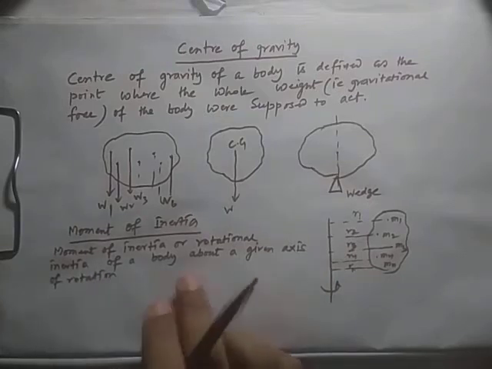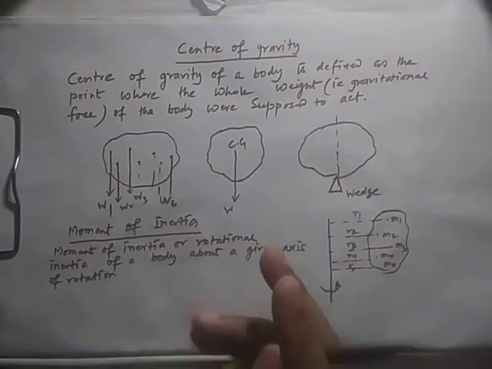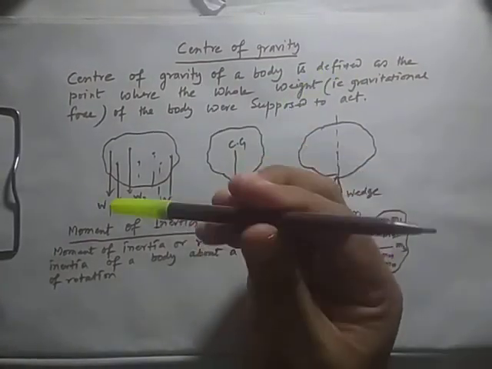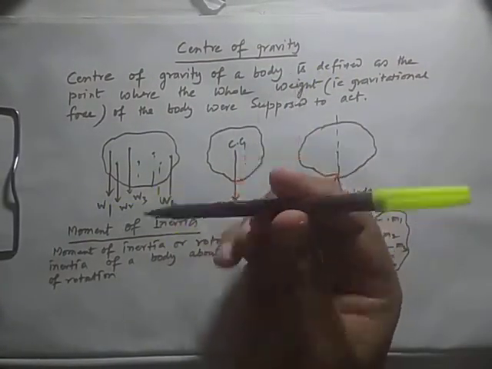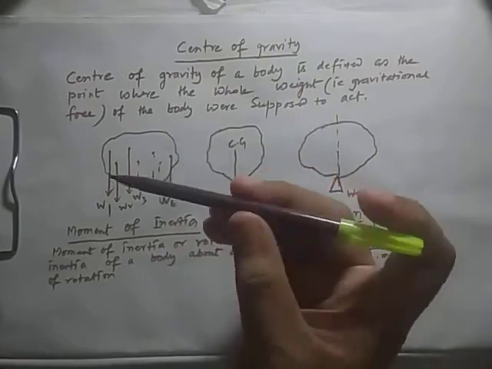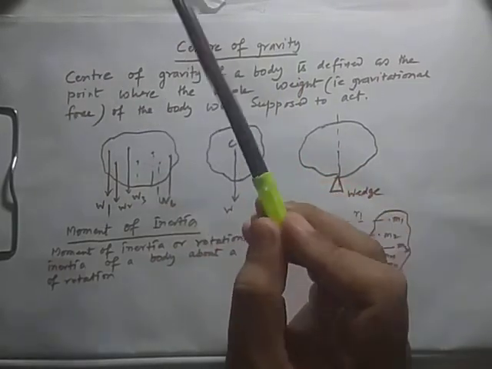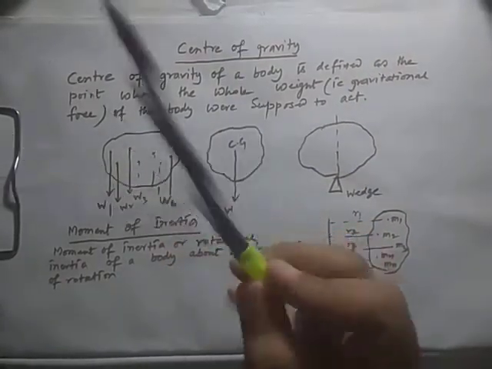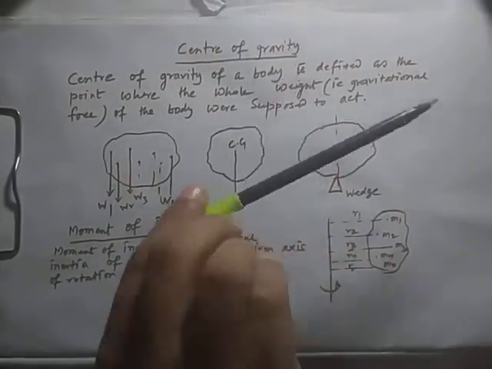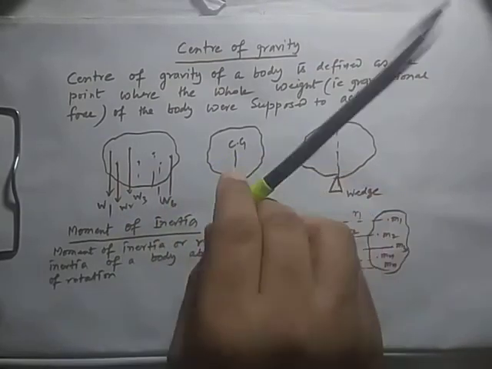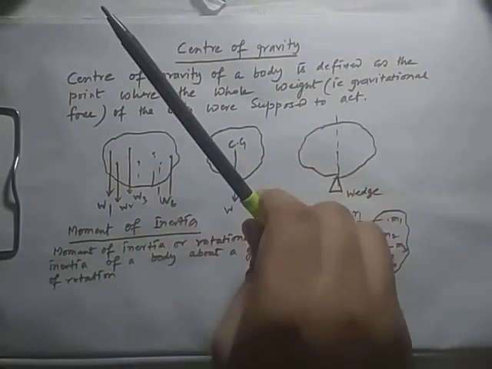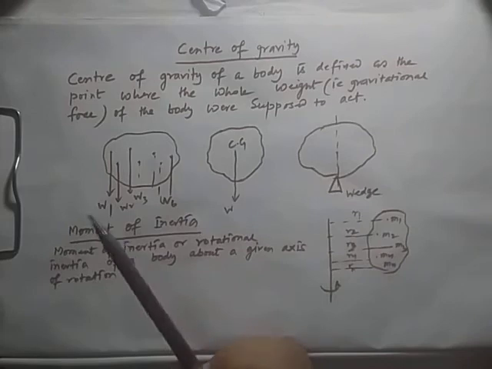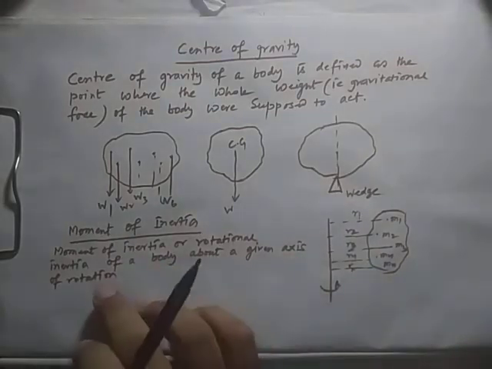This is also a very important line: given axis of rotation. Suppose I want to rotate this pen about this axis of rotation, we get some amount of moment of inertia. Now if I rotate it about another axis, in this way, the moment of inertia will be different. So it depends on the axis of rotation.